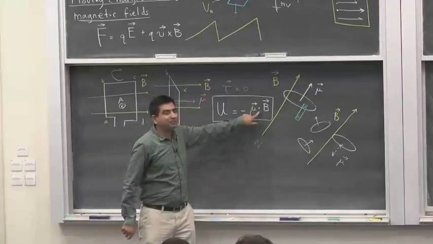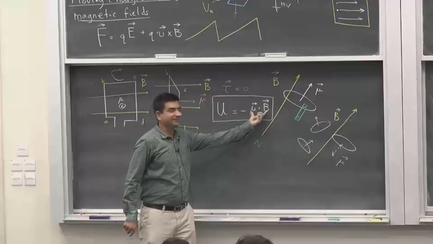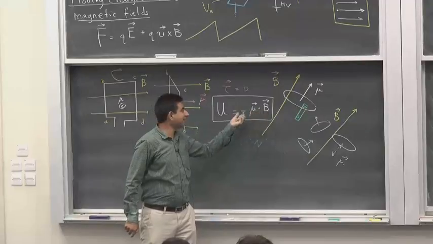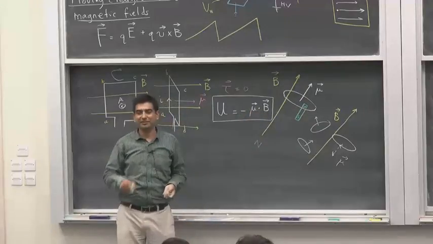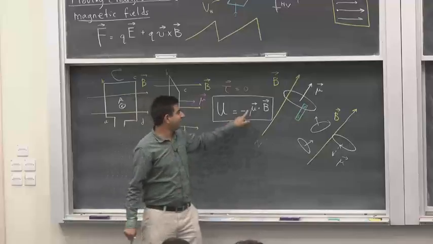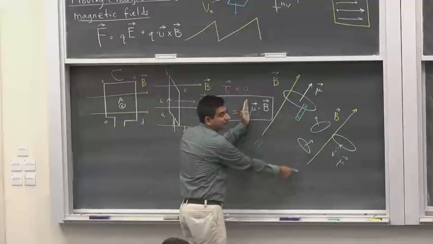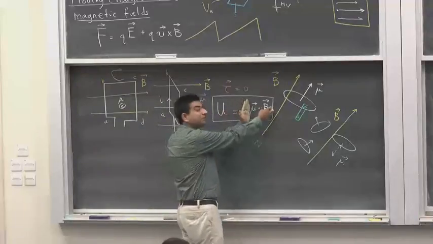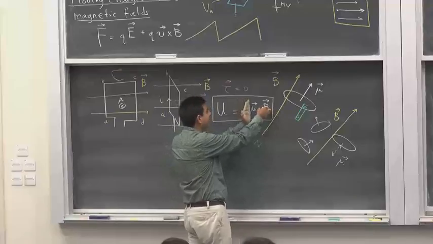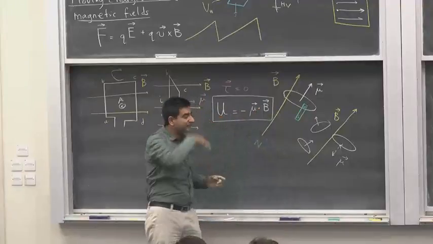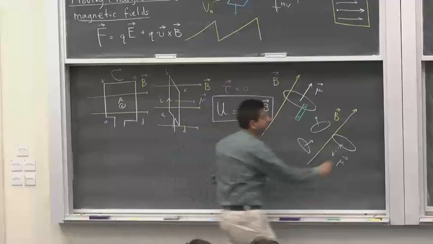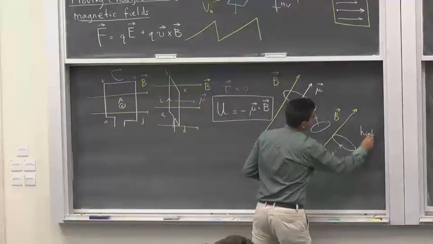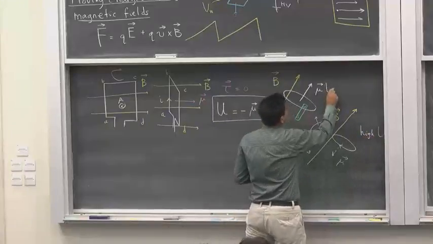If mu and B are parallel, cosine theta is 1, this is a negative number, so the energy is lower. Negative energies are lower. If these are anti-parallel, like this configuration, the energy will be higher, because the dot product will in turn be negative, so a negative of a negative is a positive number. So this is a high energy configuration, high U. This is a low U configuration.